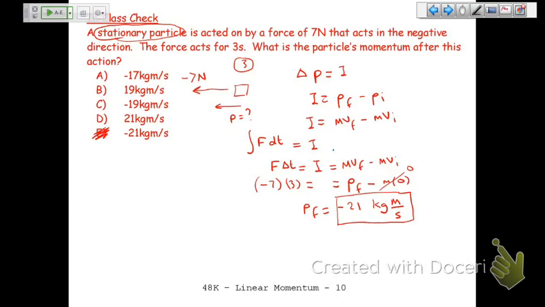So I just took the impulse momentum theorem and I applied it. And yeah, it's a little bit wrinkly. I needed to know that momentum was mass times velocity to get the significance of that stationary particle. But I wasn't asked for the velocity final. I was asked for the momentum final. So there was no need for me to give you the mass.